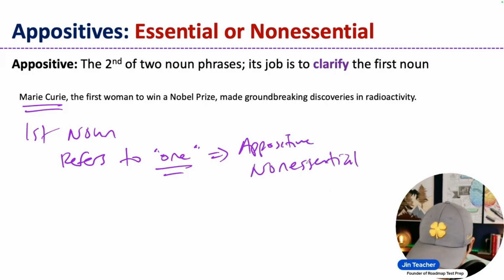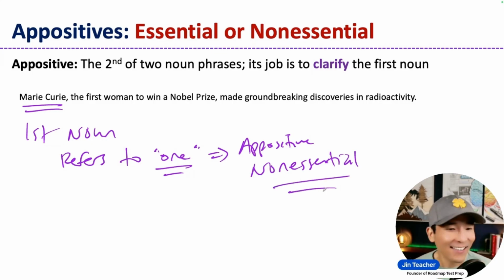This is your comma rule. However, if the first noun refers to more than one, then the appositive is essential, which means you don't put commas around it.